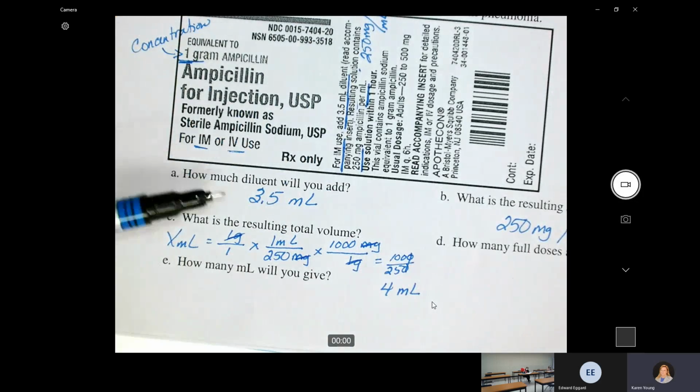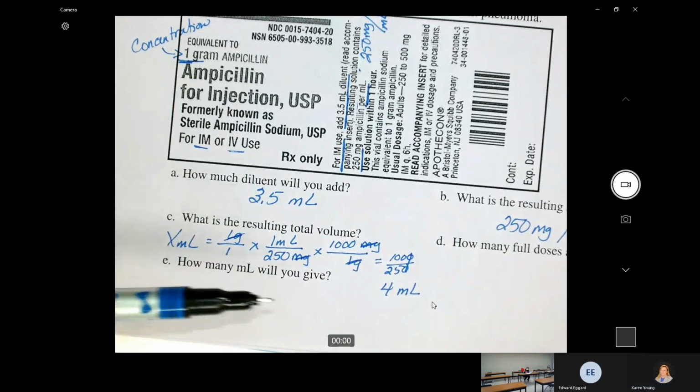And notice, I'm adding 3.5 milliliters, but I have a resulting 4 milliliters in the bottle. Where's that extra 0.5 coming from? No guesses? What happens when you add just enough water to something to not dissolve it completely?